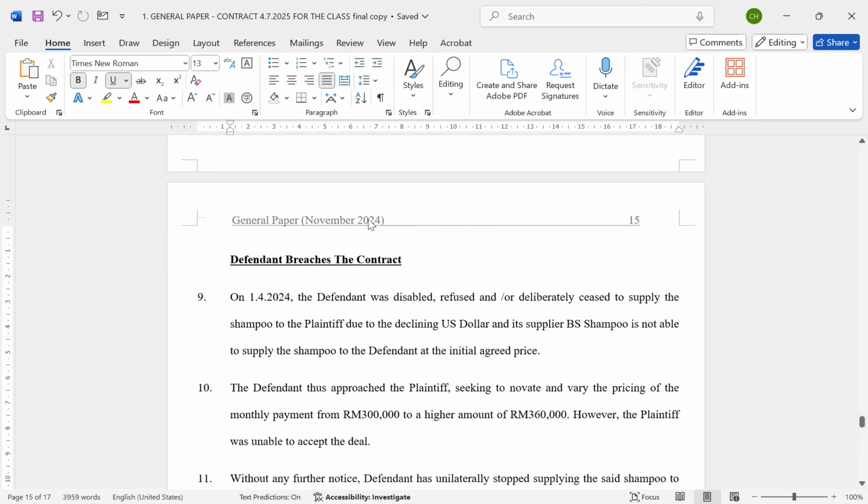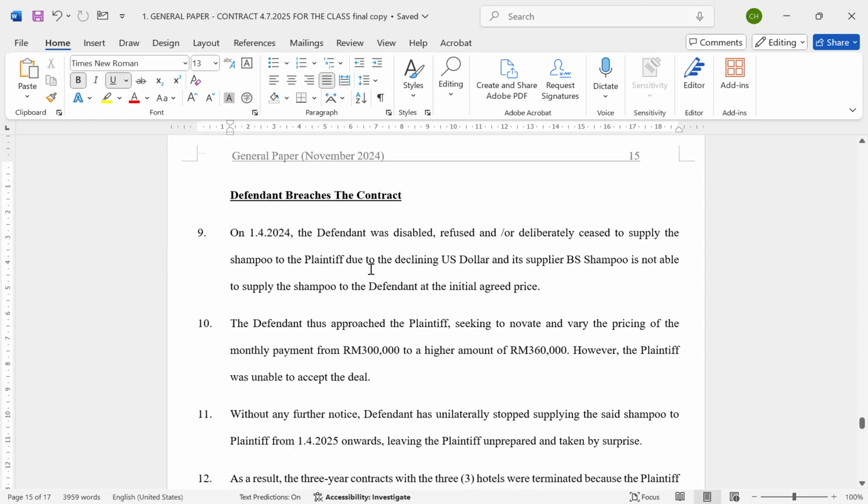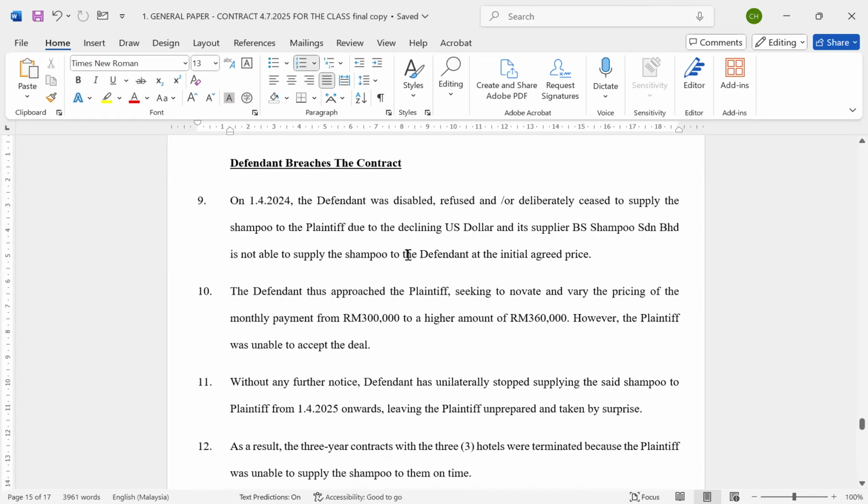You clear your part, you do your job, contract running 4 months. On 1st of April, the defendant was disabled, refused, or deliberately ceased to supply the shampoo for the plaintiff due to the declining US dollar, and its supplier BS Shampoo Sendirian Berhad is not able to supply the shampoo to the defendant at the initial agreed price.